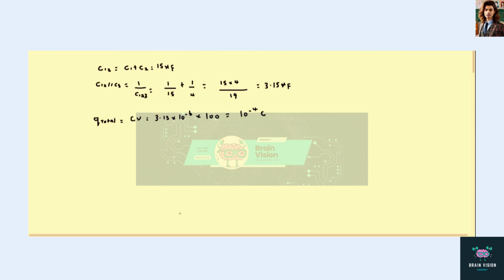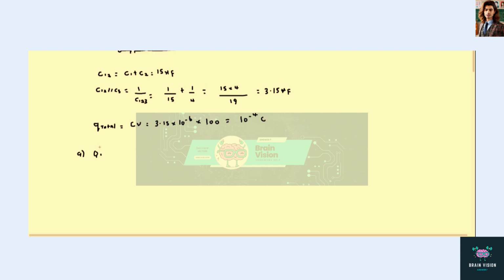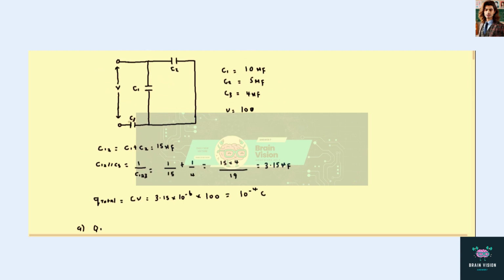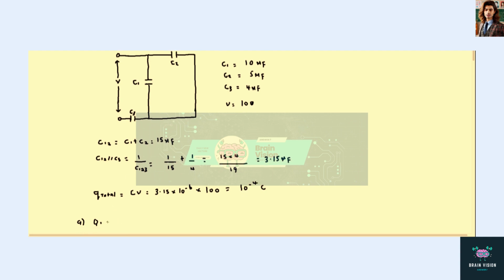Now we can find the charge for part A. They're asking for the charge across C1. So Q1 will be equal to the capacitance in C1 times the voltage across C1.